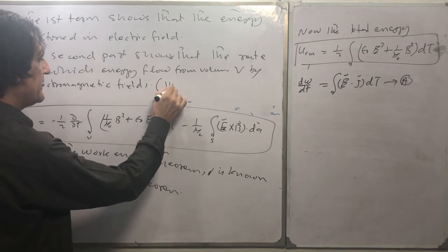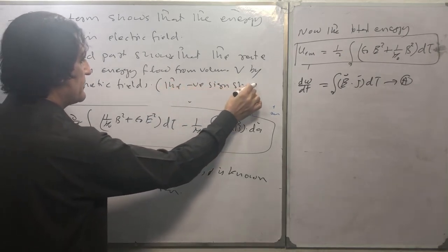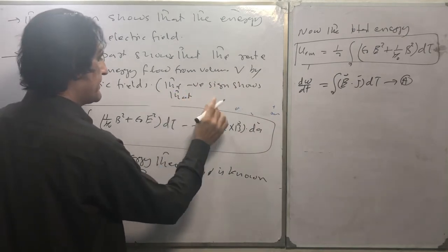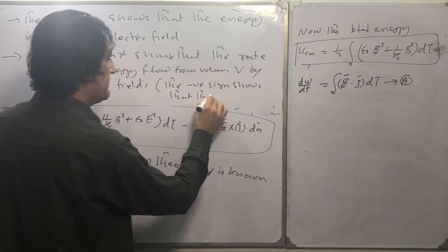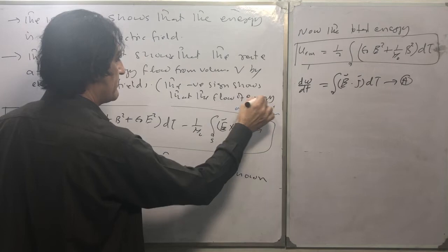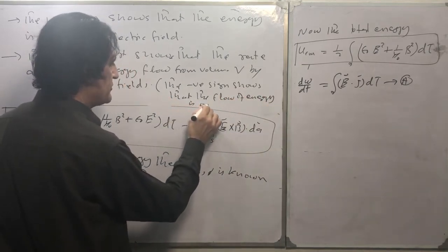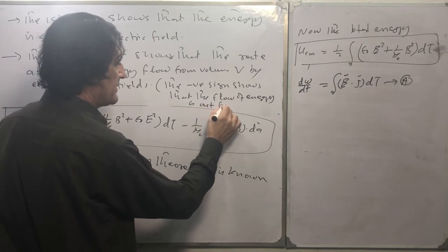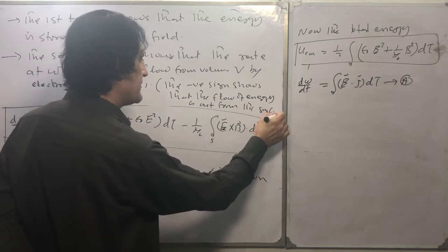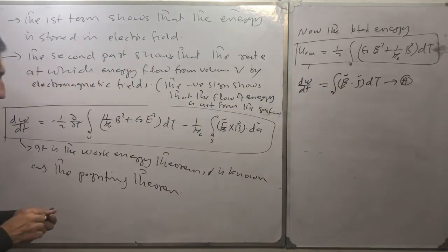The negative sign shows that the flow of energy is out from the surface. So this negative sign shows that the energy is out from the surface.